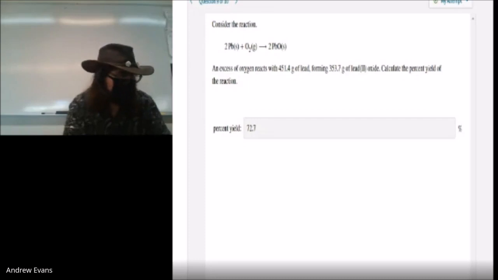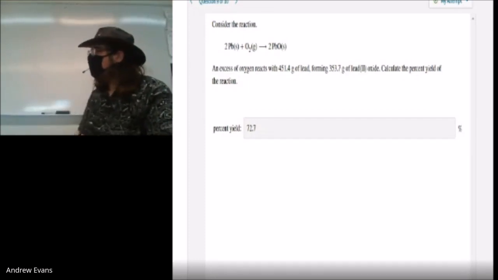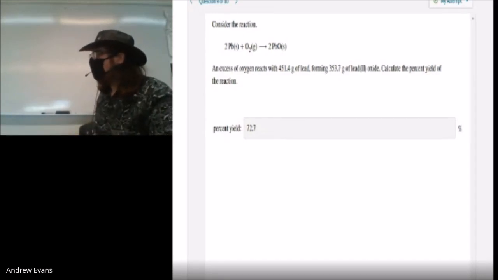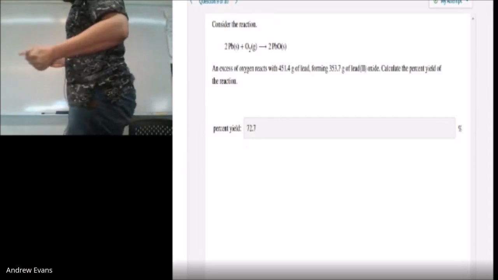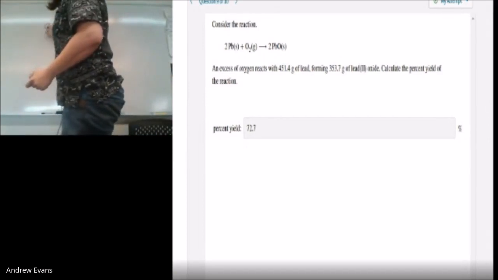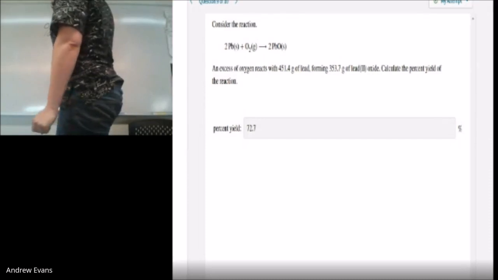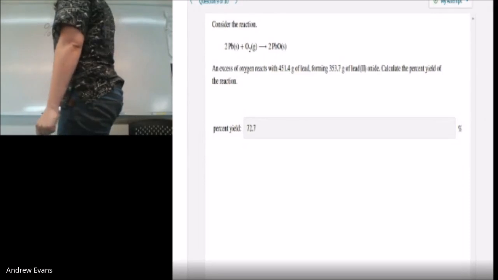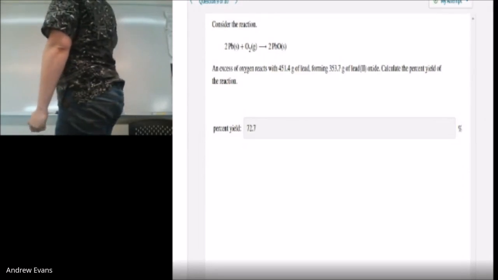This is part of a percent yield question. Percent yield is essentially, we're going to do grams to moles to moles to grams, and then we're going to apply the percent yield equation. Percent yield equals actual, which is the measured amount, over theoretical, or you could say it's calculated, whichever, times 100.